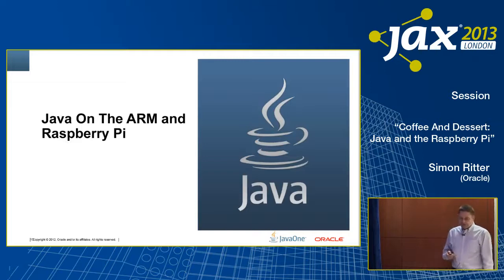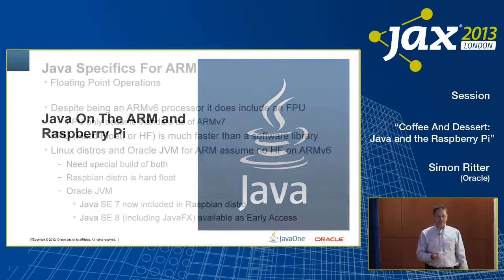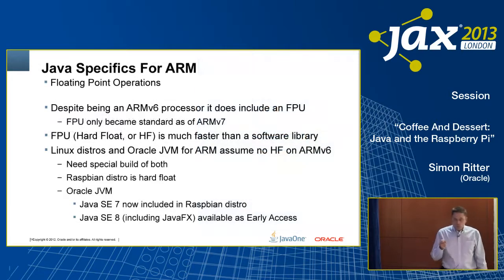Talking about Java on the ARM and the Raspberry Pi, some of the things we had to do to adapt Java for that. The big one was floating point, because if you look at the ARM v6 instruction set and the way the architecture works, it doesn't mandate hardware floating point. Most processors deal with integers very happily because they're round numbers, so you can convert them into binary representations very simply.